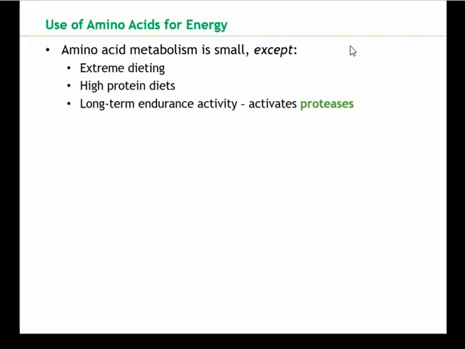A small increase in amino acid metabolism will occur if there are low blood glucose levels or low glycogen stores, because then the body has to turn to something, so it's going to turn to protein or amino acids. But just know this percent is small. For all of this, it may be up to about 15% of metabolism will come from protein, especially during the activity.